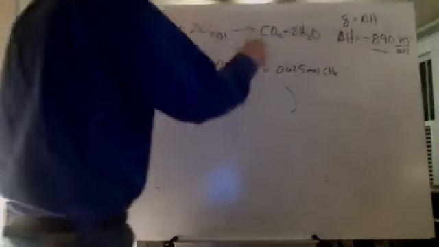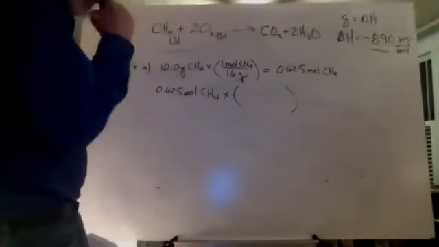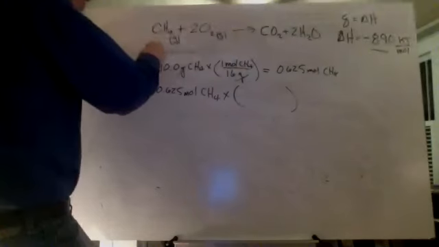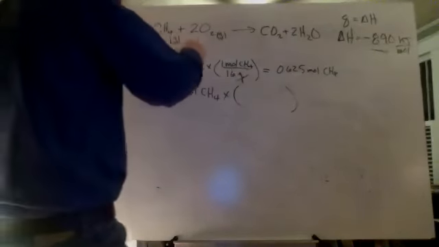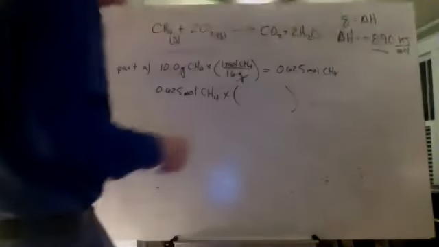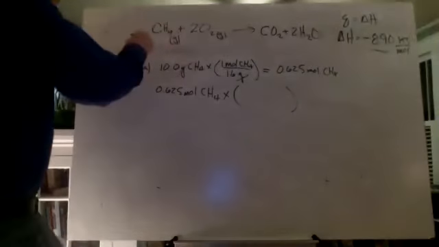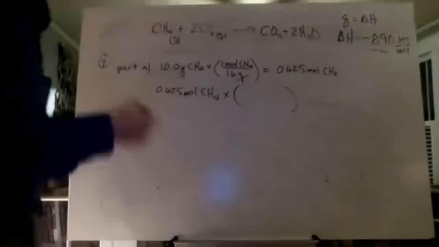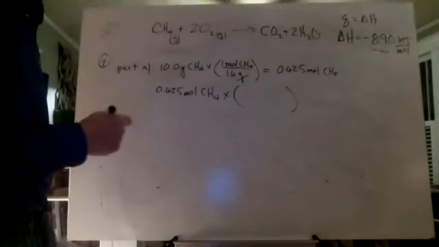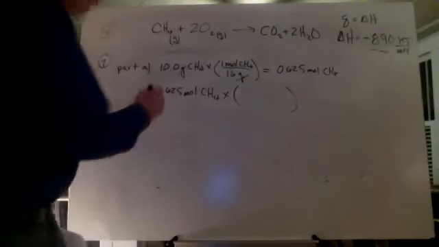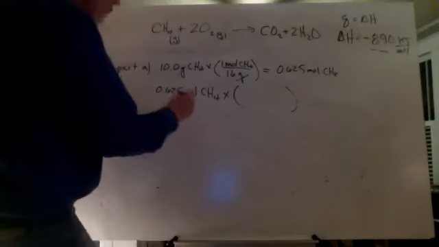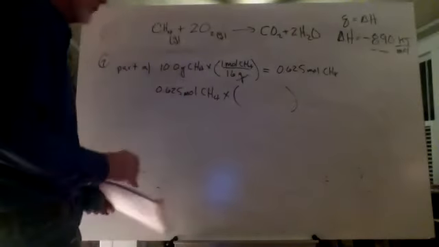And that's where this comes into play, because this is a balanced equation. This is telling us that 1 mole of methane reacts with 2 moles of oxygen to form CO2 and water and forms negative 890 kilojoules. For every 1 mole of methane that reacts, that's how many kilojoules of heat energy are produced.